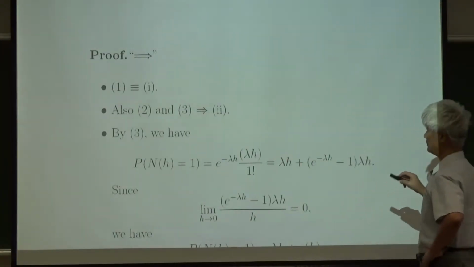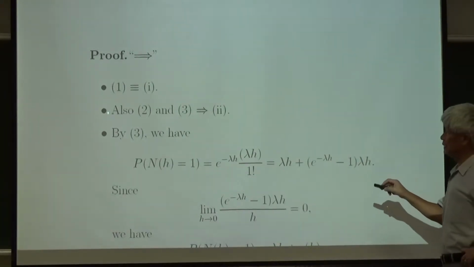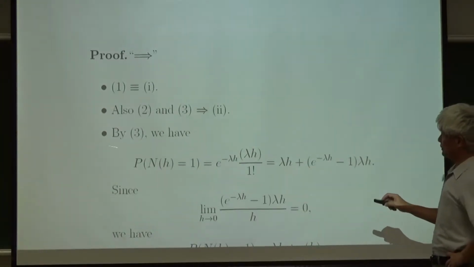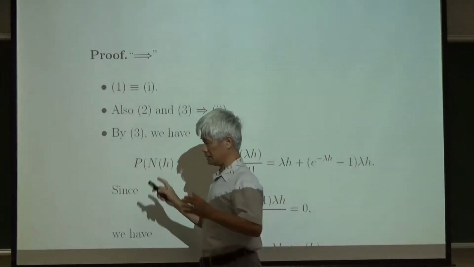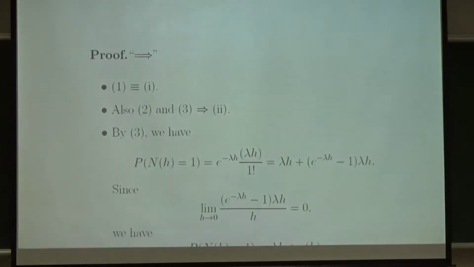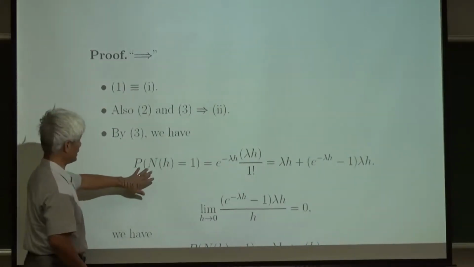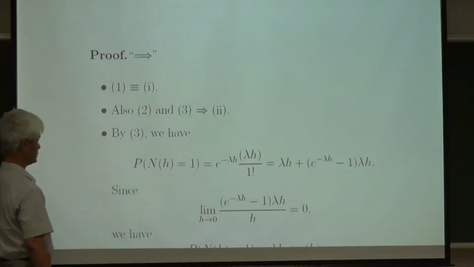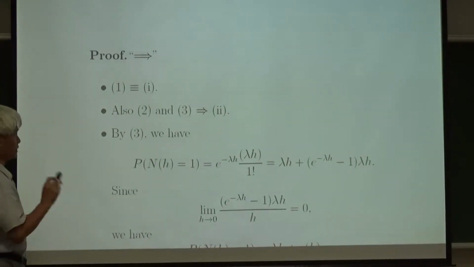Now we have to use property 3 of the Poisson process. N(h) is the increment in the time interval from 0 to h, so this random variable N(h) is Poisson distributed with parameter lambda times h.